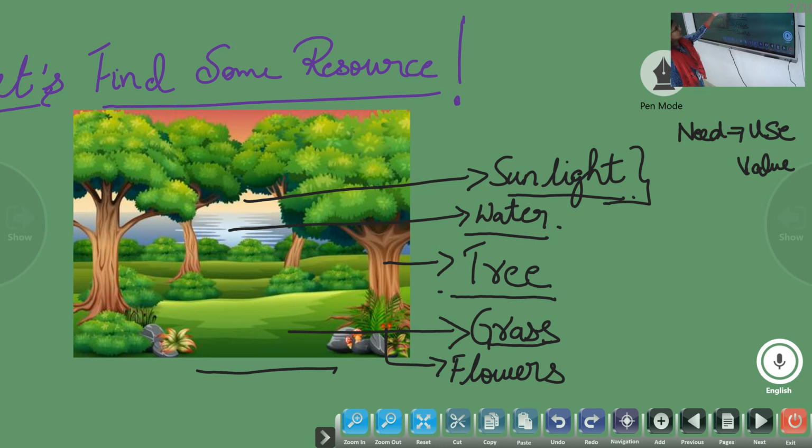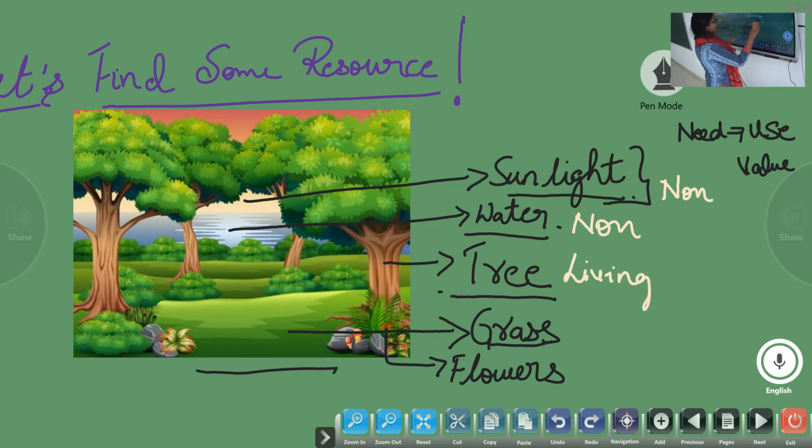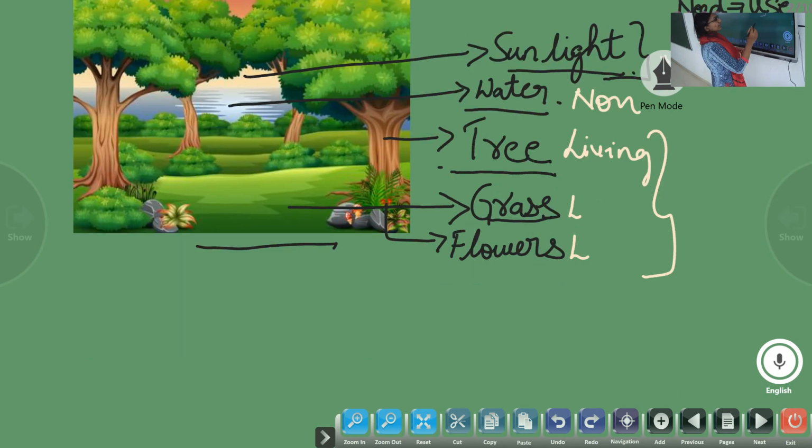Now let us look into the sunlight. Is it living or non-living? It's non-living. Water, non-living. Tree, it is living. Grass is living, flower is living. Now, every resource that has life is called biotic.